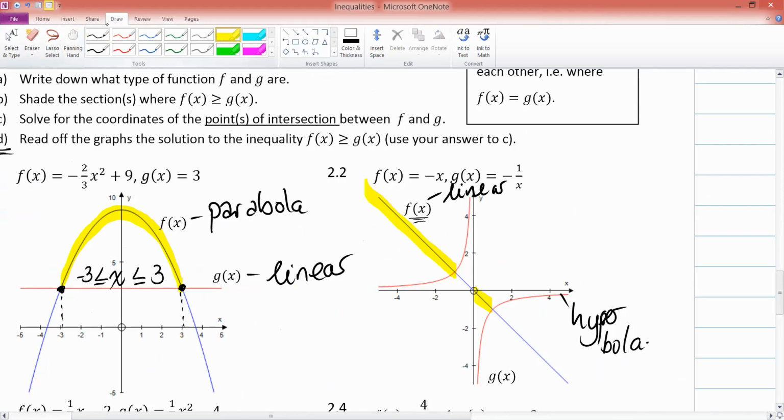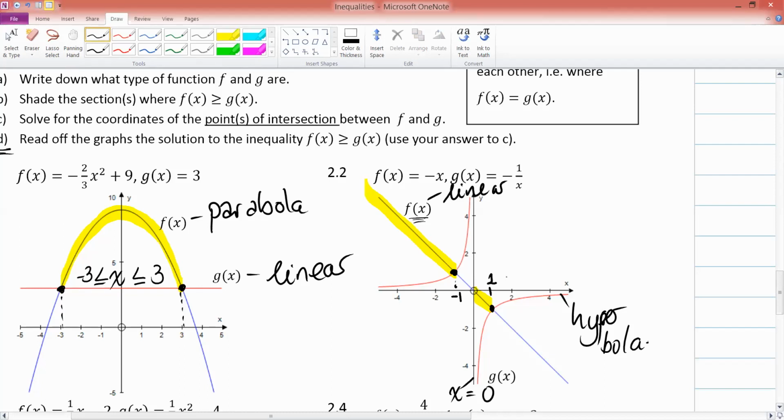Now, because you have a hyperbola, remember there is an asymptote at x is equal to 0. So this point of intersection here, if you make the two graphs equal to each other and solve, you're going to see that this is -1 and this one is 1.